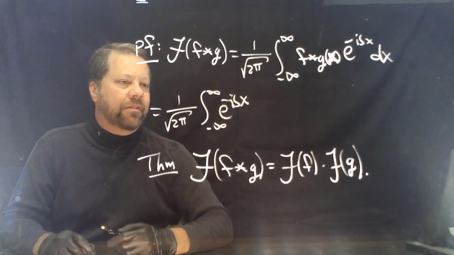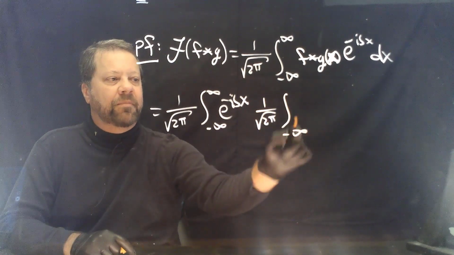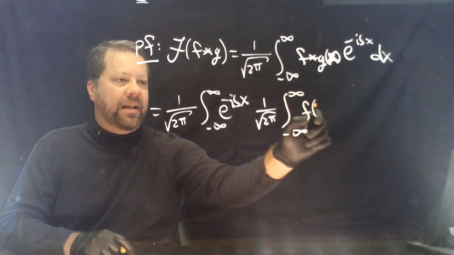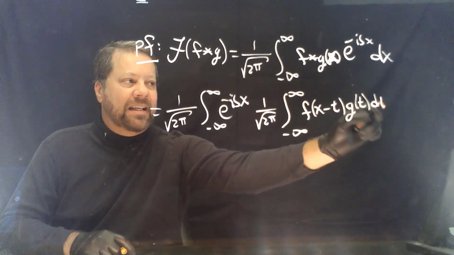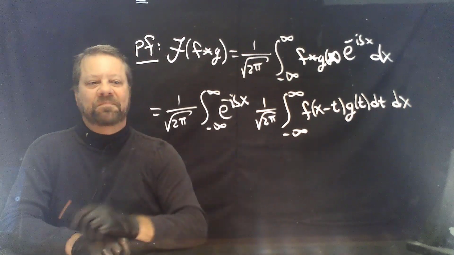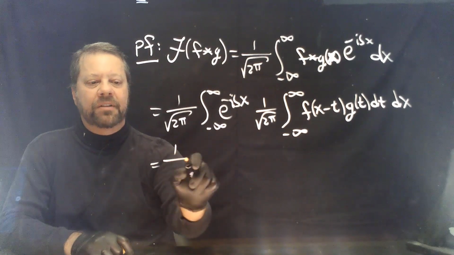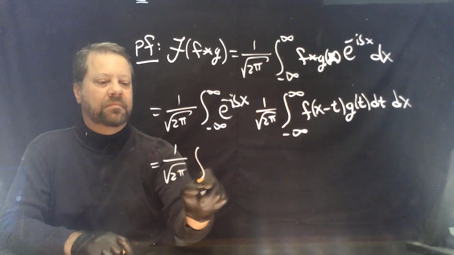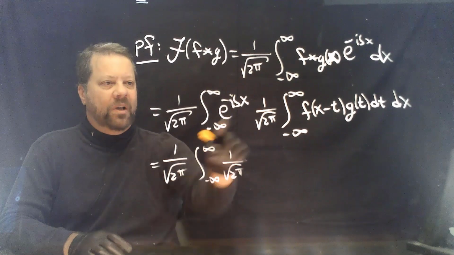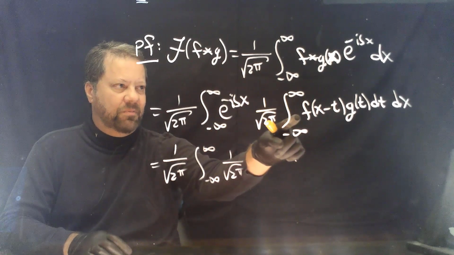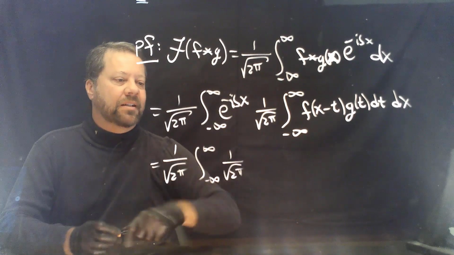Now the f convolved with g, that's going to be 1 over root 2 pi, the integral from minus infinity to infinity of f of x minus t, g of t dt, and then dx. The trick is to reverse the order of integration. We can bring this function inside of this integral because this integral is with respect to t, and there are no t's here, so it's constant.